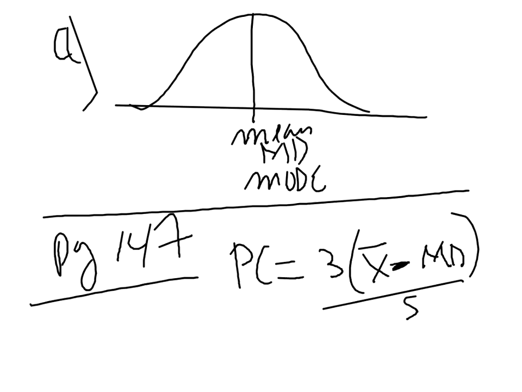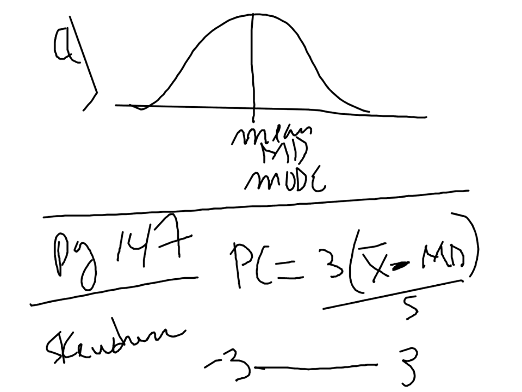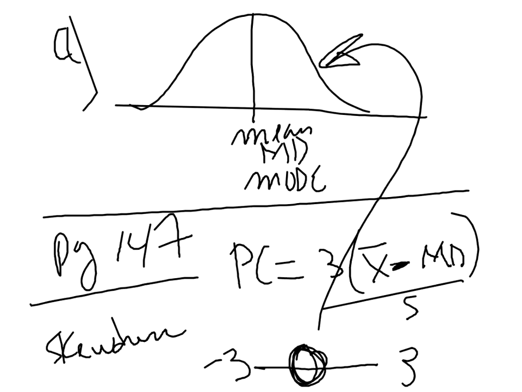Now, this is a check for skewedness. The values run from -3 to 3. If you get an answer around 0, that means that the data that you have collected is approximately symmetric.